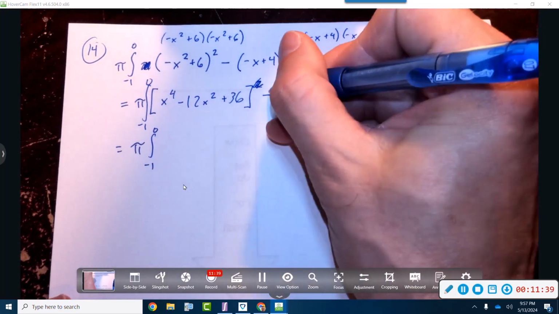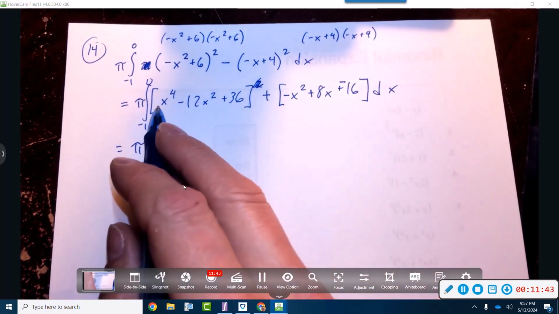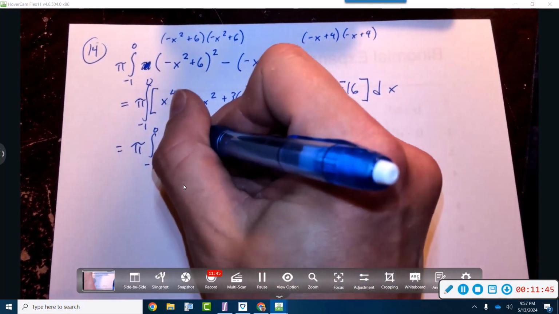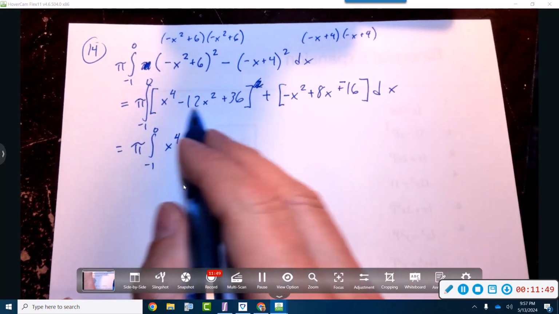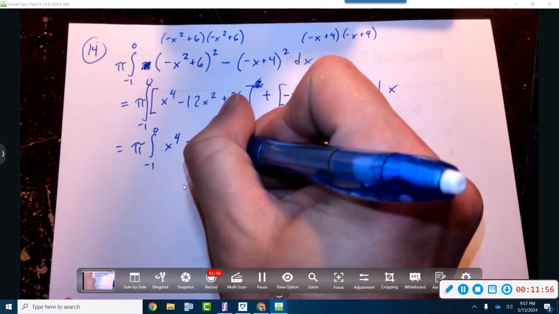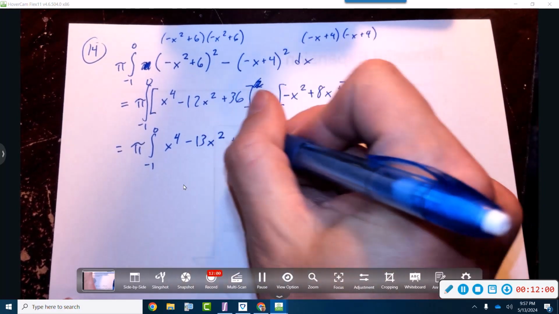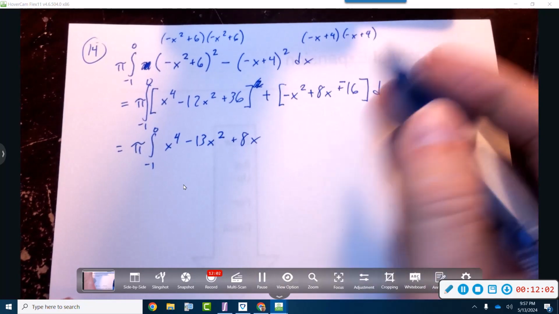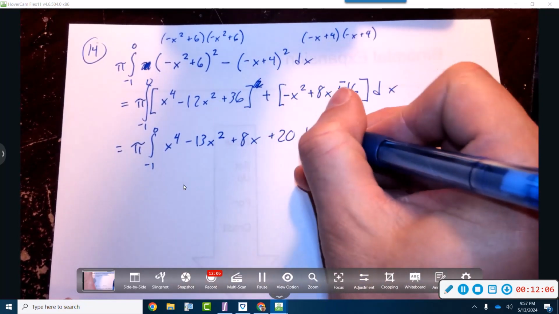So we'll make this negative, positive, negative. Oh, let's see. X to the 4th will just be x to the 4th. Okay. Minus 12x squared. That looks like it's going to be a negative 13x squared. Got a positive 8x. And it looks like we got 36 plus a negative 16 plus 20.